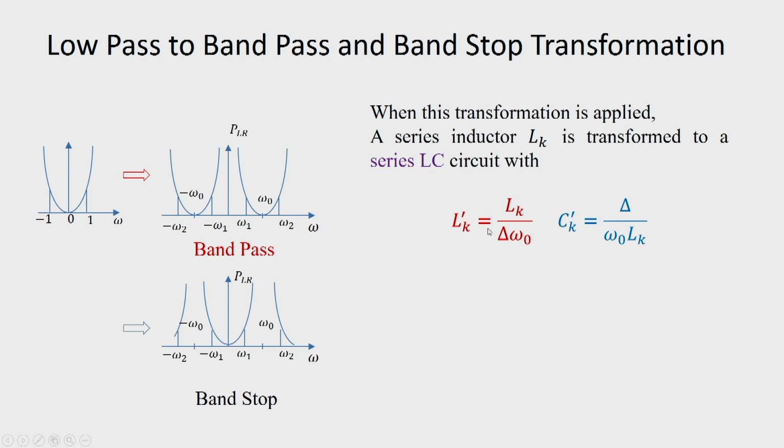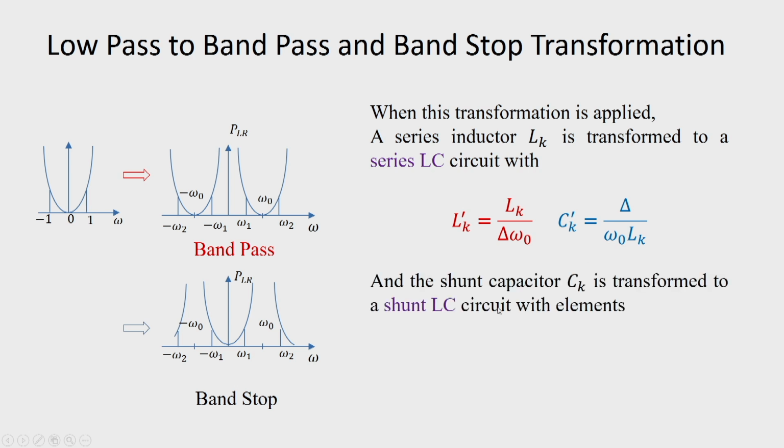L k dash is L k by delta omega naught and C k dash becomes delta by omega naught L k. And a shunt capacitor C k is transformed to a shunt L C circuit, and the element values are given by these expressions.